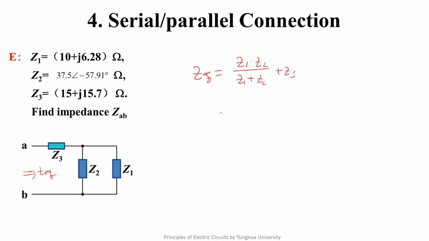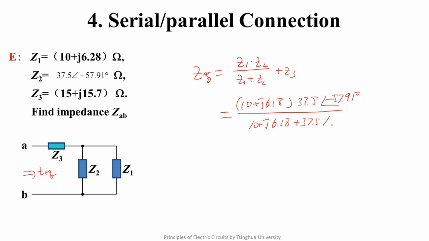By substituting their values, we get the result: 25.9 plus j18.6 ohms.